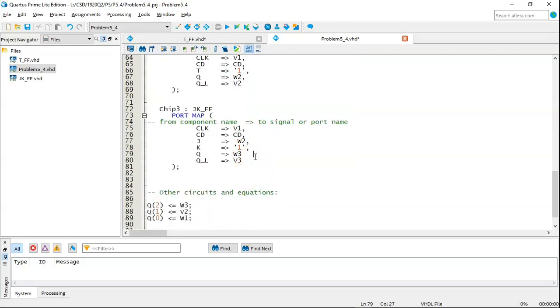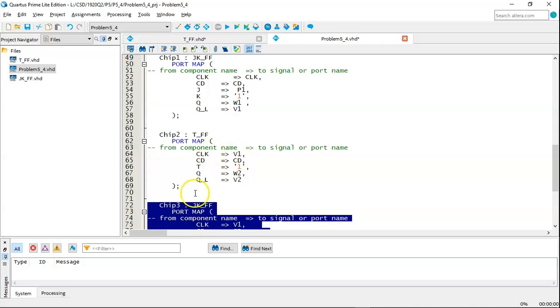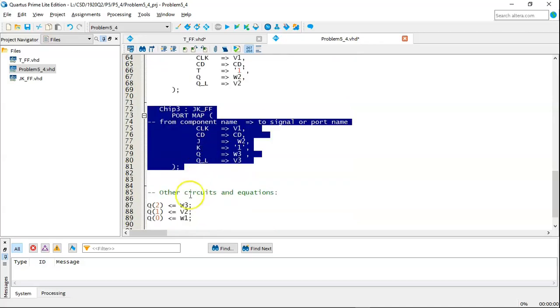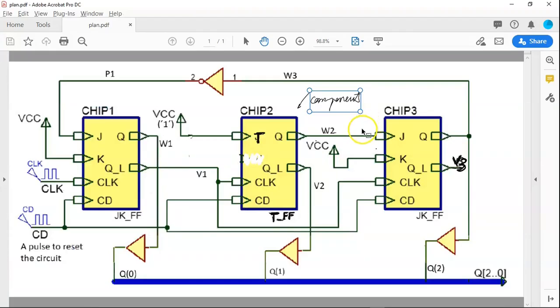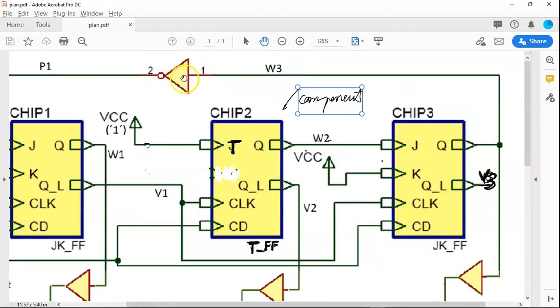You see, if you left now this W3 without the semicolon, you will find an error, and this is easy to detect. So chip 3, GK, chip 2, T flip-flop, chip 1, GK, and then some logic, which is the 3 buffers that you've got here. And well, there is something missing. You're right. It is the not.